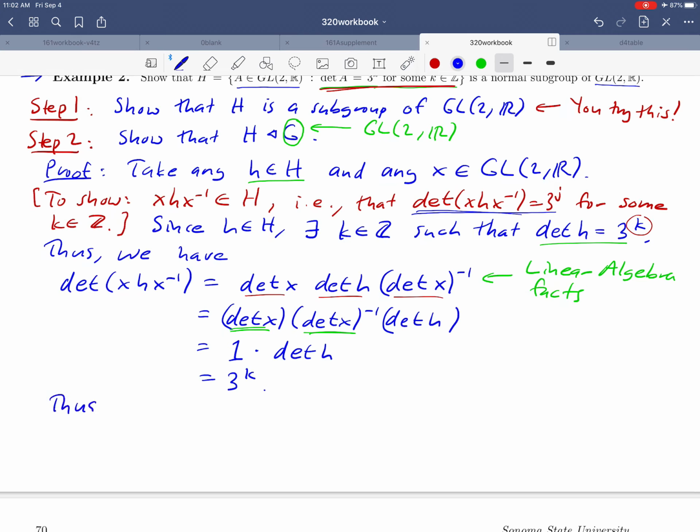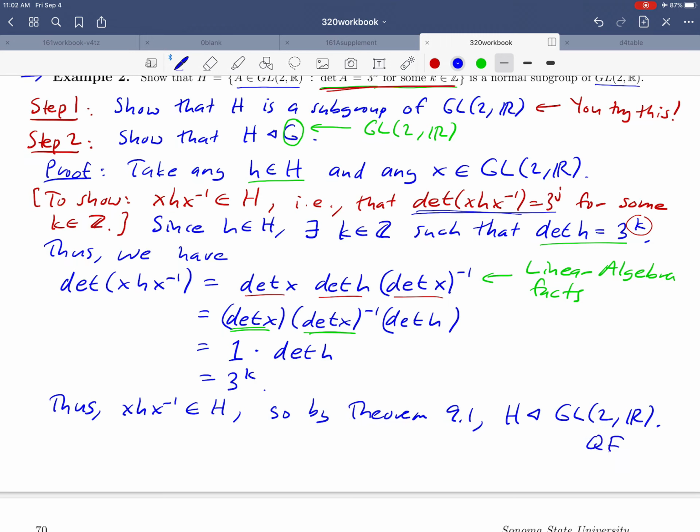We have just shown then that x h x inverse is indeed an element of our subgroup. And so by theorem 9.1, H is a normal subgroup. H is normal in GL2 of R, and we are done with our proof.